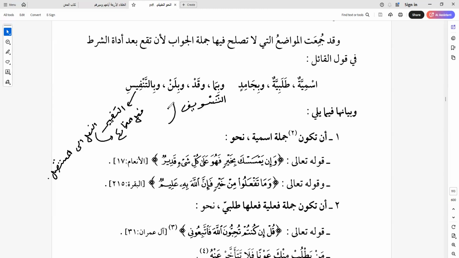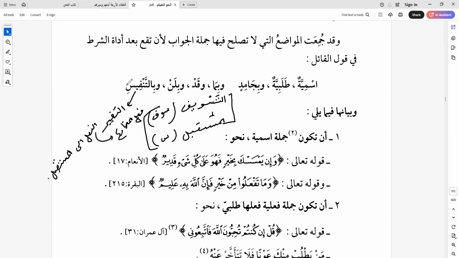Tasweef is using the word sofa. Okay, sofa. The use of the word sofa. And then mustaqbal is the use of seen. Both of them are implications of future tense.